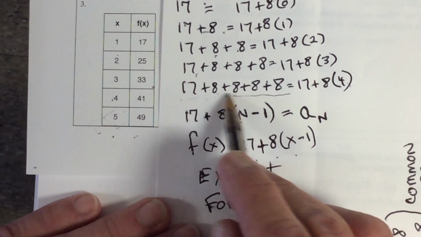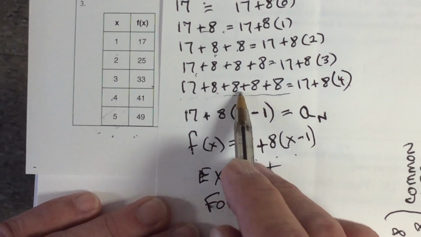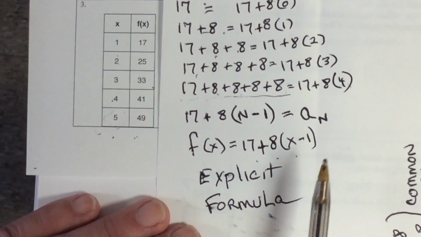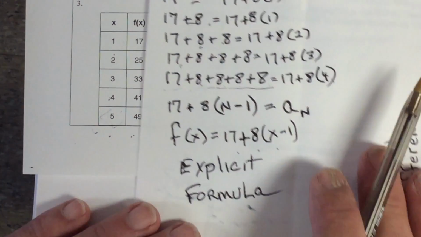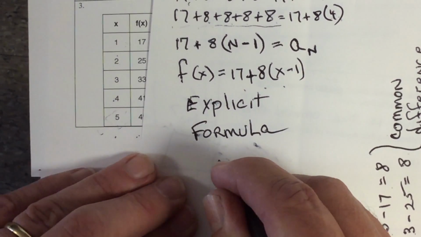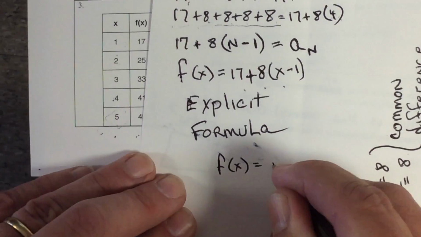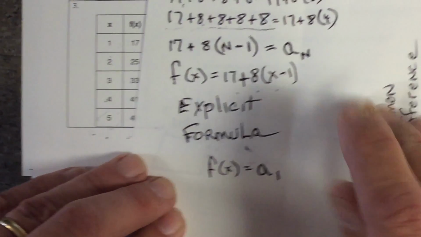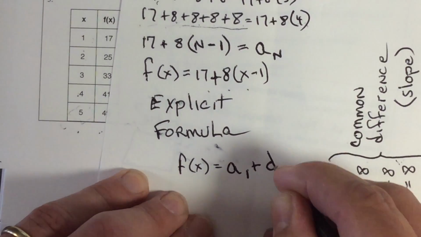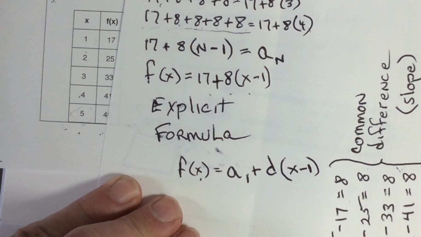And this number here is always going to be the common difference added up 1 less than the first term. So how does that work? Well, I could say f of x is equal to the first term plus the common difference times this number less 1.